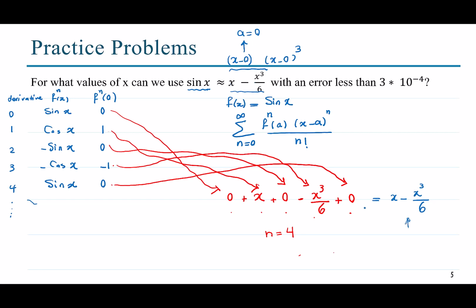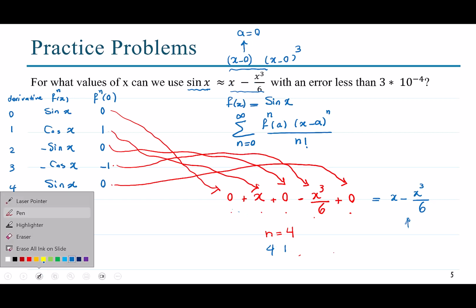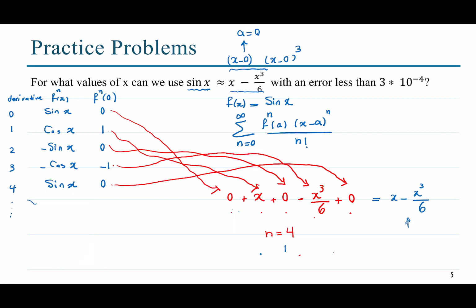Because I have zeros, this means that I used 5 terms starting from n equals 0, and that means the last n is 4 that I used.